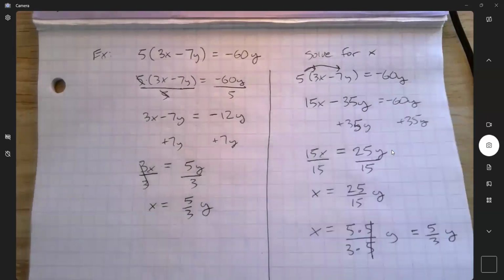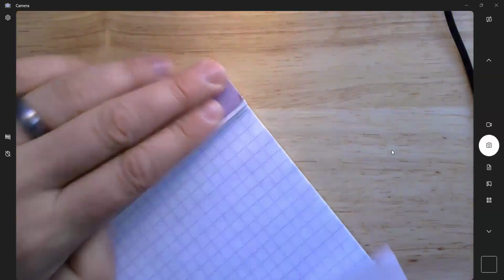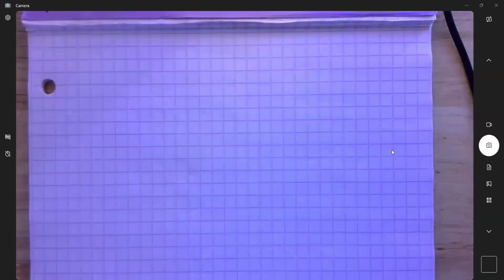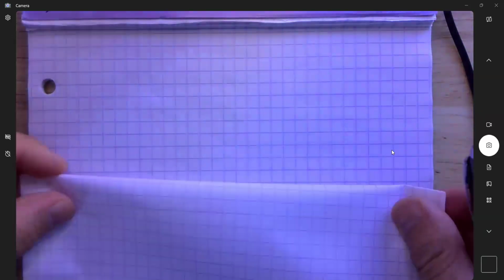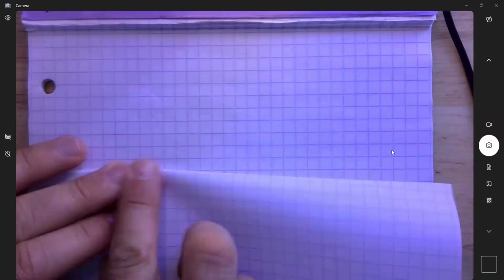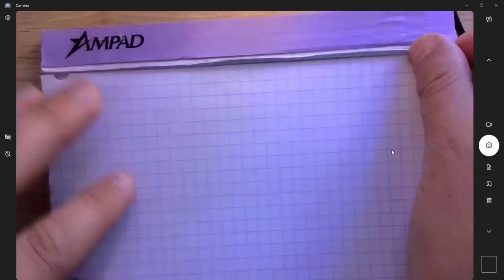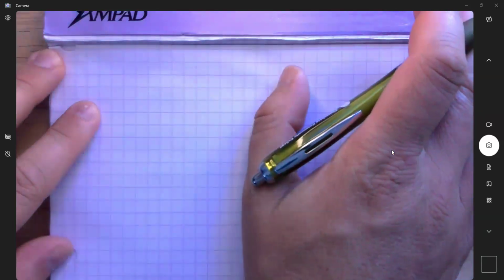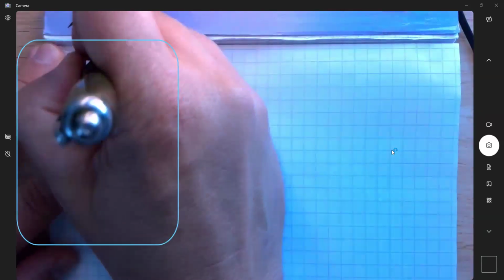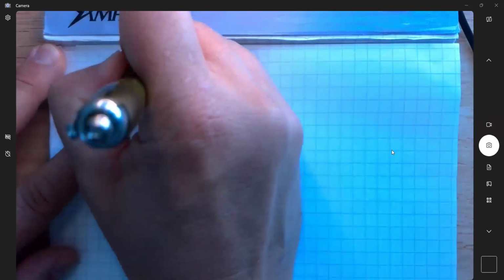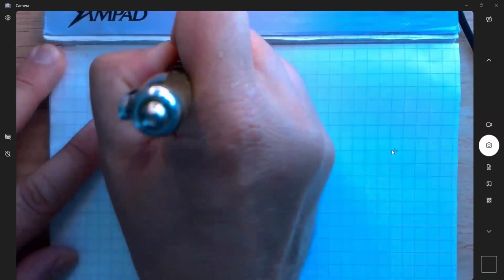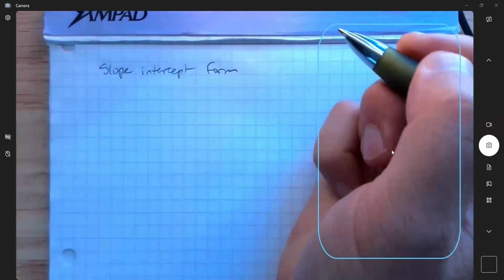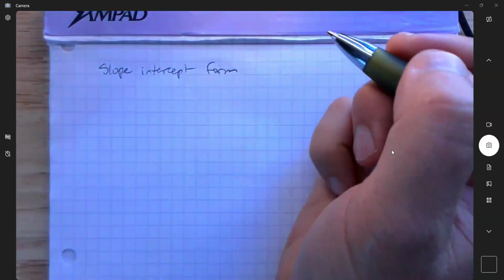Okay, next topic for this section is a special way to write linear equations that have two variables, which is called slope-intercept form. And we'll spend more time on this in another section.